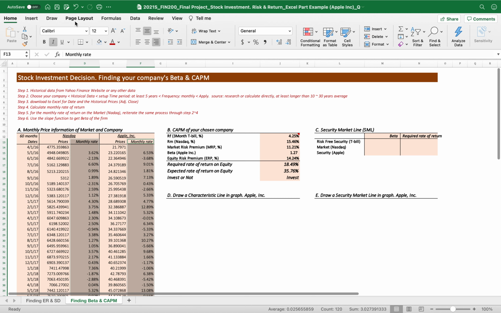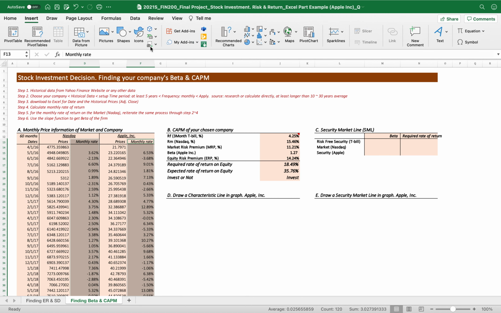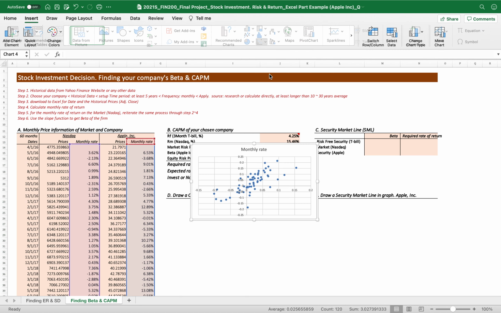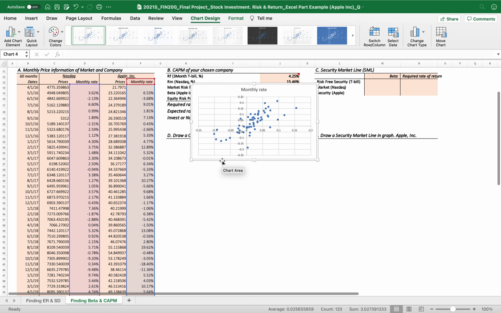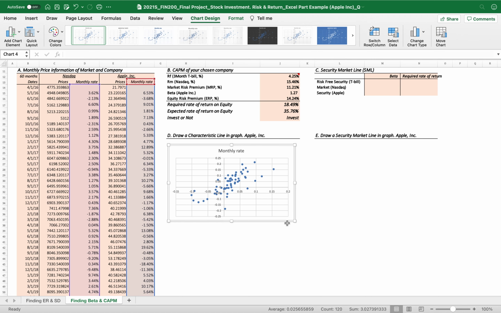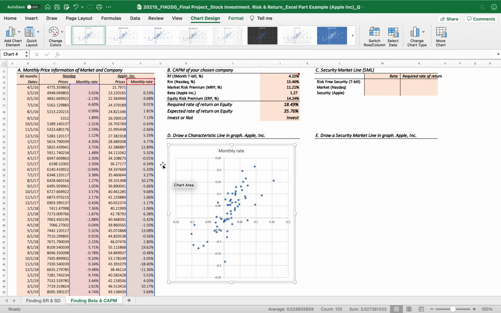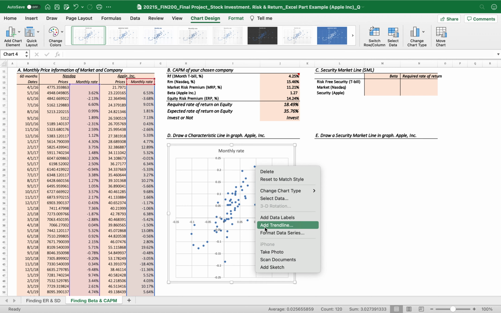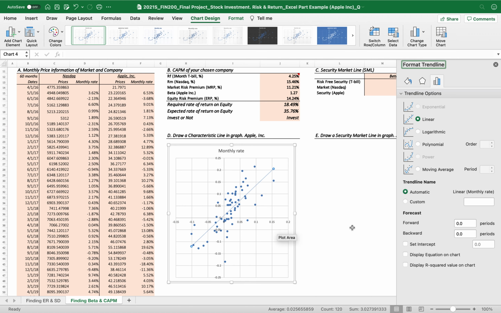Then on the Insert tab, find the scatter chart. Okay, there you go. We found the monthly rate of the market and Apple Inc. Then let's click one of the dots and add the trend line with the equation.